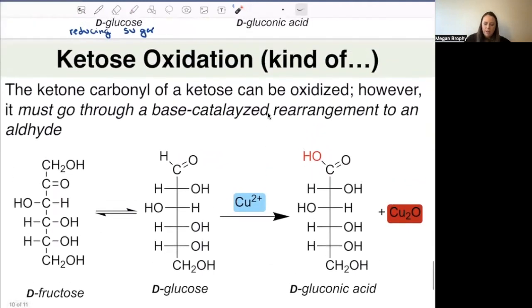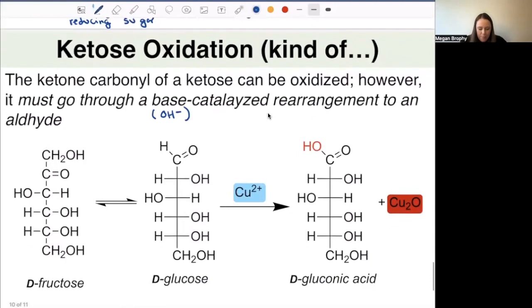And this will happen under basic conditions. So if you have OH- in solution, so if you have any base or hydroxide around, fructose, which is a ketose, will undergo what's called a rearrangement. And it doesn't matter how this rearrangement occurs right now, we're not going to go into the mechanism.